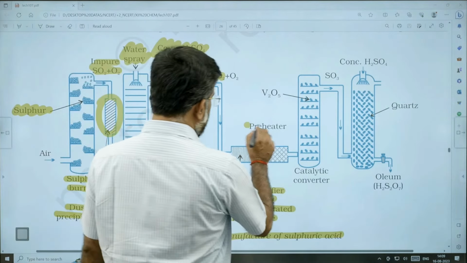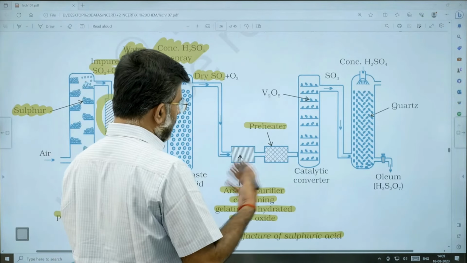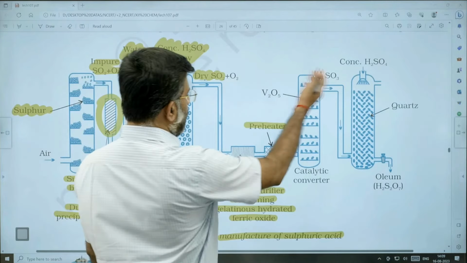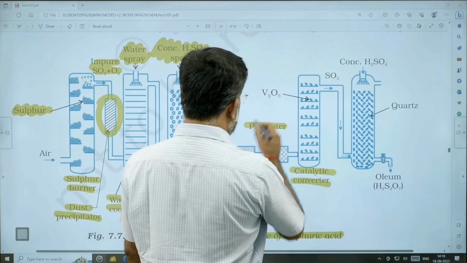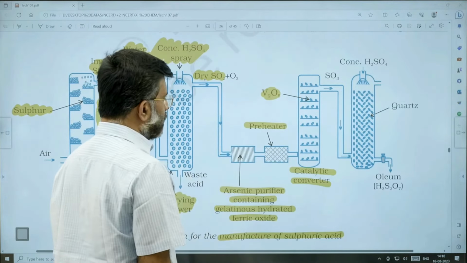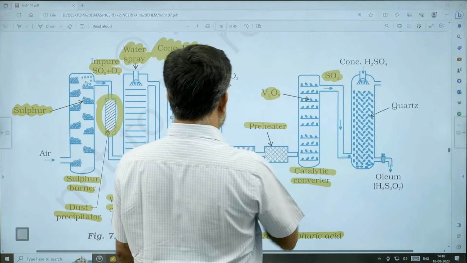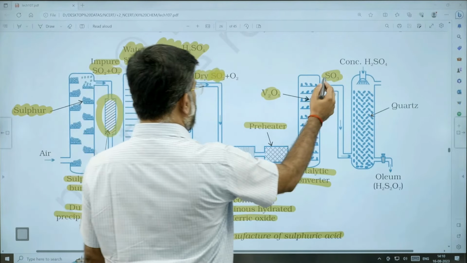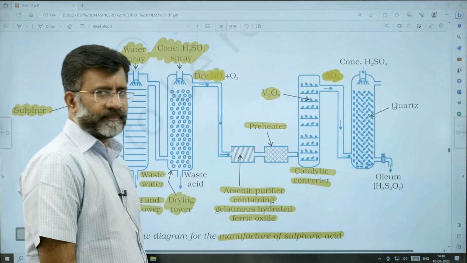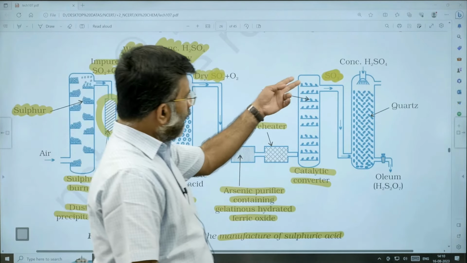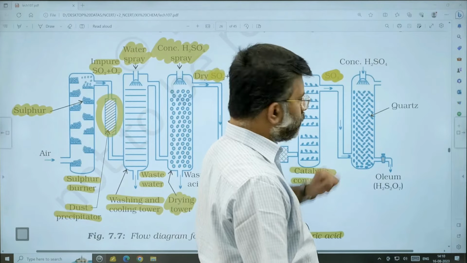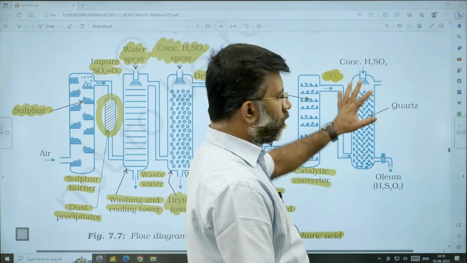And then the total mixture is heated to activate the molecules and is taken to a catalytic converter, where in the presence of catalyst, SO2 will be converted to SO3, right? And now that SO3 is pumped into an absorption tower.